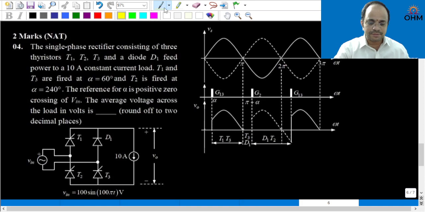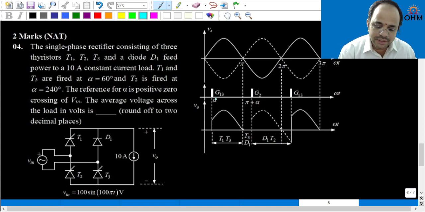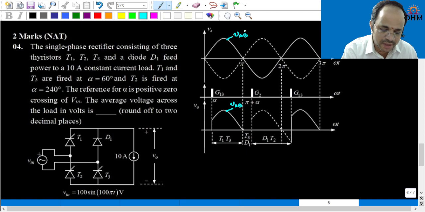The only concept in this problem is that you should be able to draw the waveform. At omega t is equal to alpha, T1 and T3 devices are triggered. Therefore, the output voltage will follow VAB. What are A and B here? A and B are these terminals. Next, after pi, D1 will start conduction, but T3 will not turn off due to the constant current load.